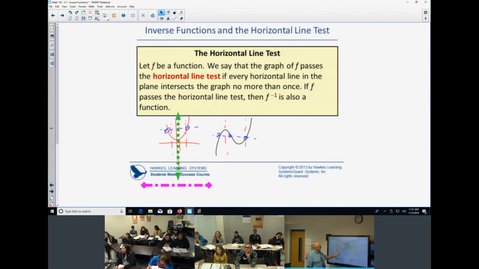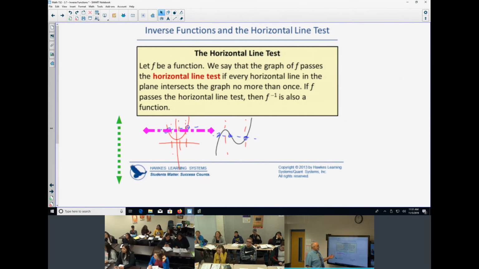Yes, it passes the vertical line test, but it fails the horizontal line test because a horizontal line would hit it more than once. So this would not have an inverse function, nor would this. A horizontal line would hit it 3 times.